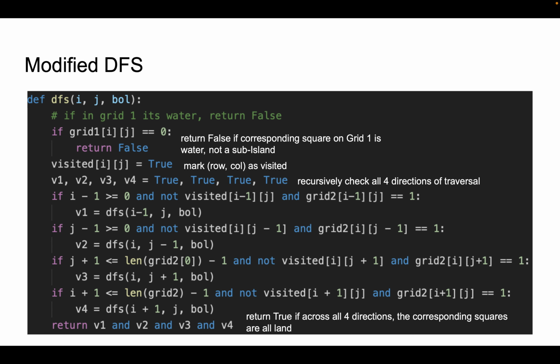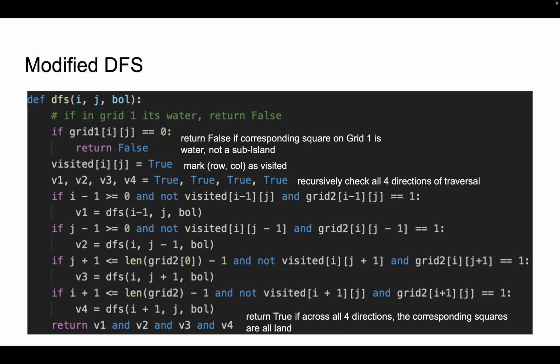To prevent infinitely going through all the rows and columns again and again, we mark the visited matrix for ij to be true. Also, we set up 4 boolean values v1, v2, v3 and v4 to be true. This is to recursively check all 4 directions of traversal and see if any of them return false. As you can see in the last line of this code, we return v1 and v2 and v3 and v4. If any of these turn out to be false, then ultimately we return false, which means it's not a valid sub-island.